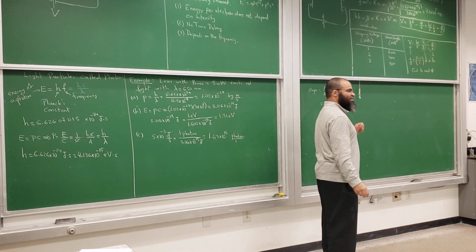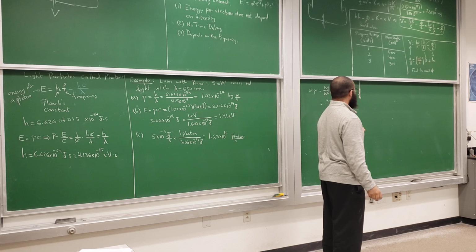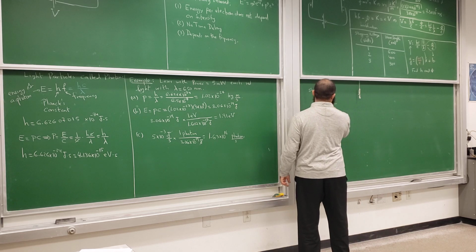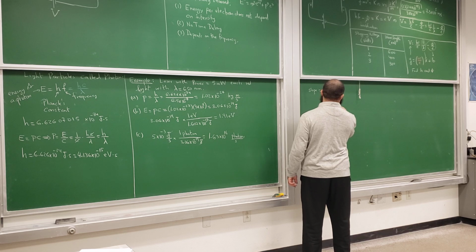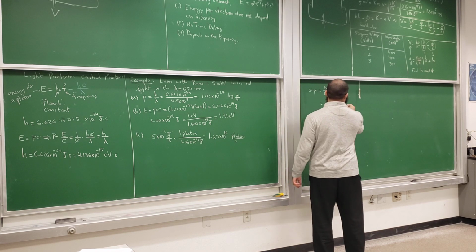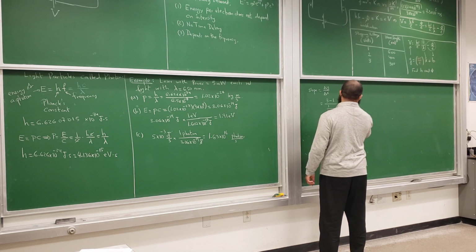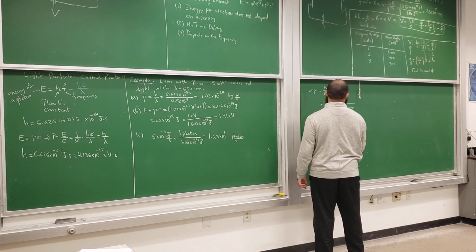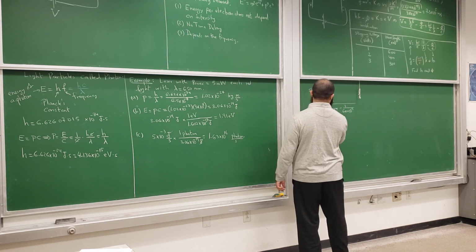What's on the x-axis? Lambda or 1 over lambda? 1 over lambda. So it will be 1 over 300 times 10 to the minus 9 minus 1 over 600 times 10 to the minus 9.